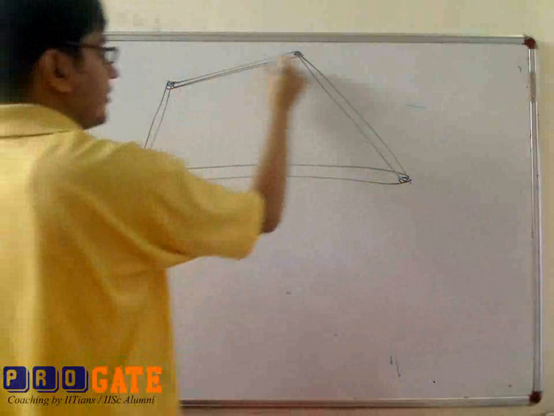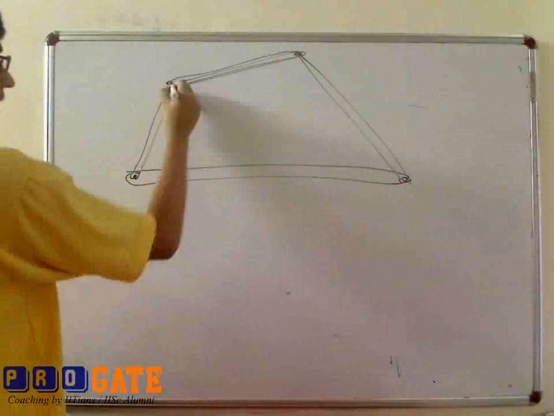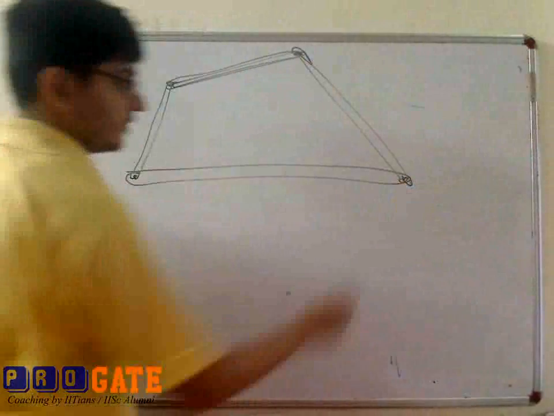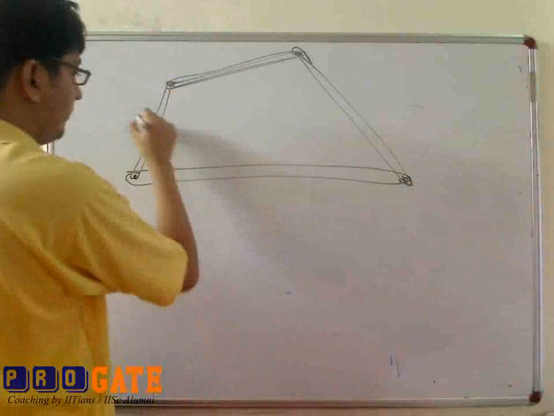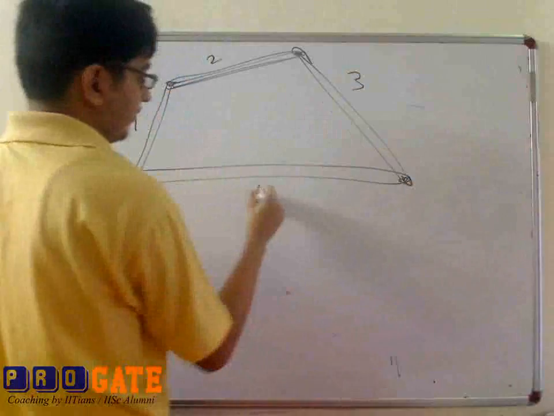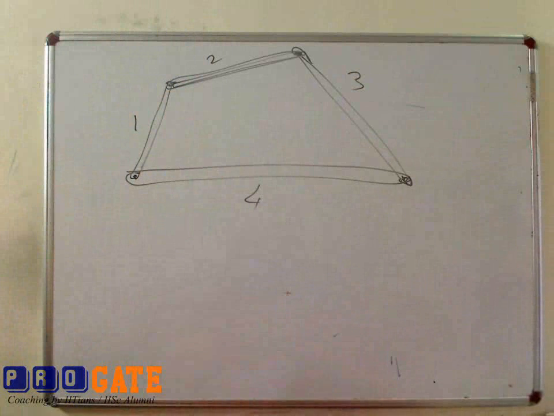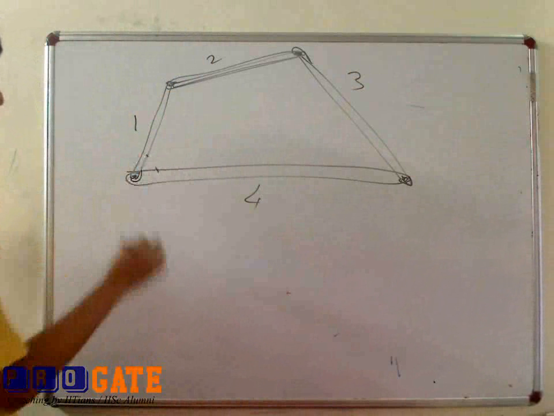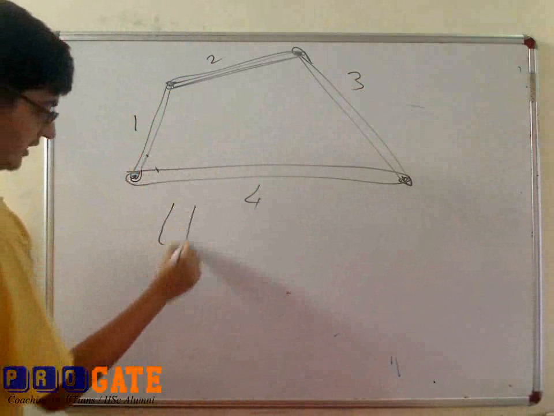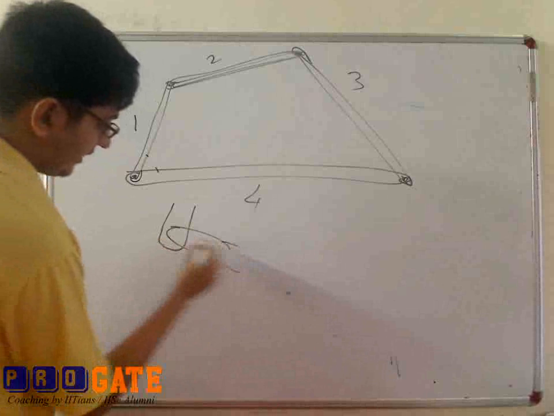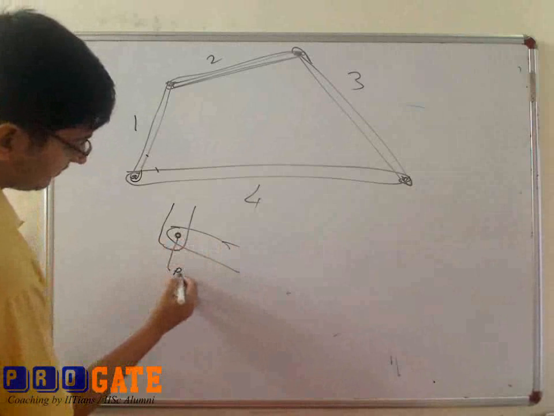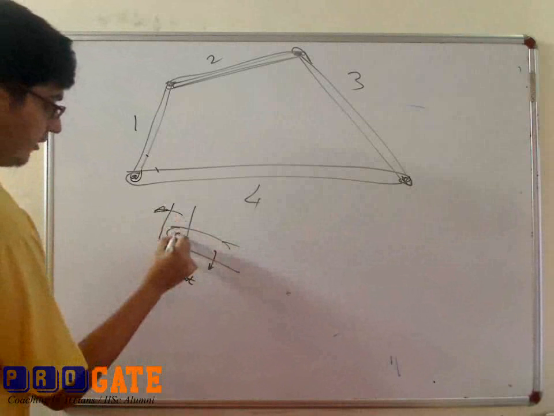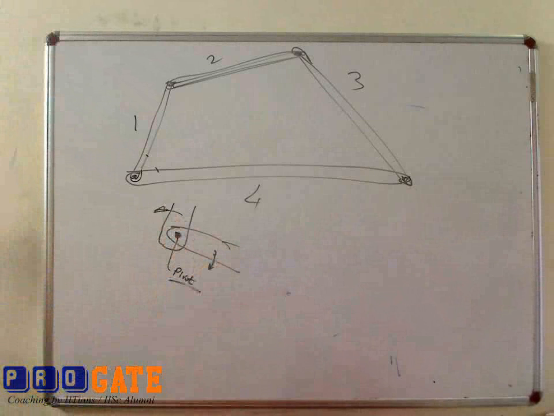Basically you have 4 rectangular plates, and by means of a threaded joint or a riveted joint, these 4 plates 1, 2, 3, 4 are connected. The motion between these is possible. This is the pivot, and these two can freely rotate about the pivot.